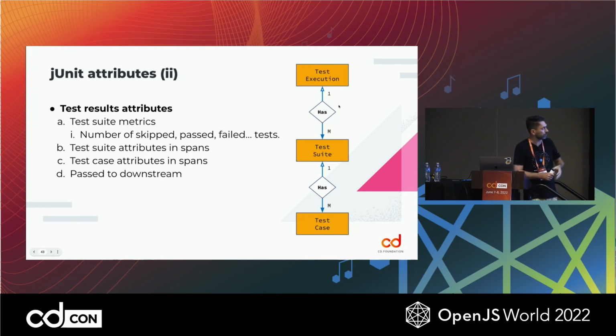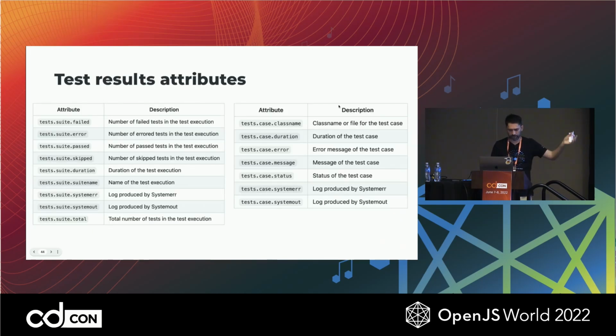For a test suite, we collect metrics, like the number of skipped, passed, failed tests, etc. For each test suite, we capture different attributes, and for each test case, we capture different attributes. And we are passing down the attributes from top to bottom, and later I will go back to this. The example of the test results is basically the XML definition, the schema definition for JUnit. So it's a direct mapping, and we chose test as the initial namespace for that.